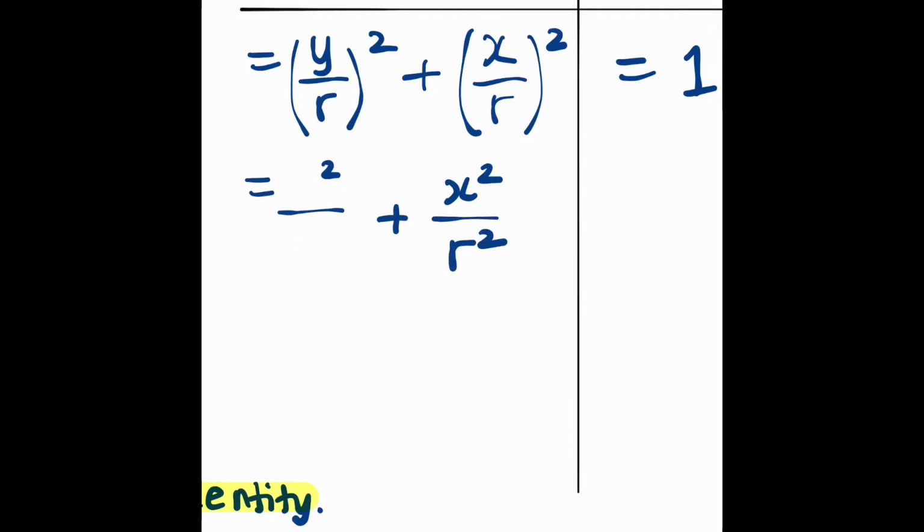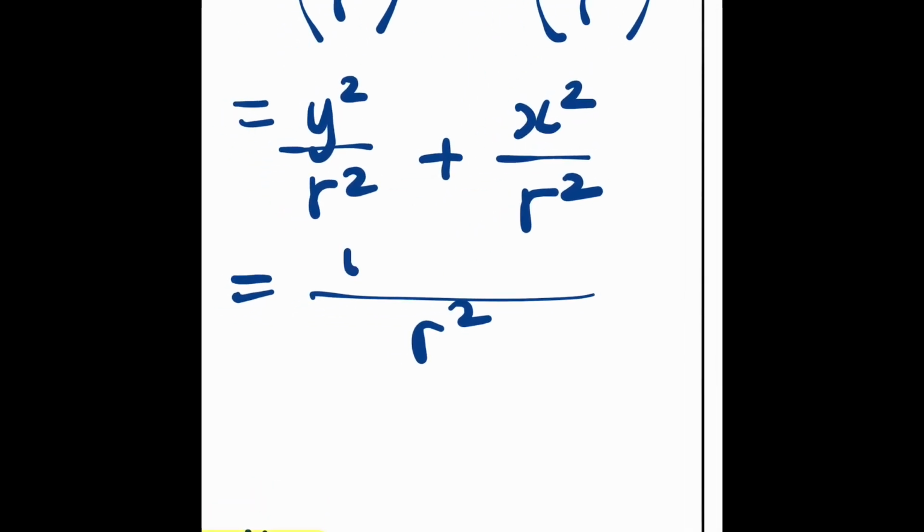Recall that when you have the same denominators, you can combine the numerators and write it together. It's the same thing as writing 2 over 3 plus 4 over 3. I could add the 2 and the 4 and keep the 3. And so here I have y squared plus x squared.